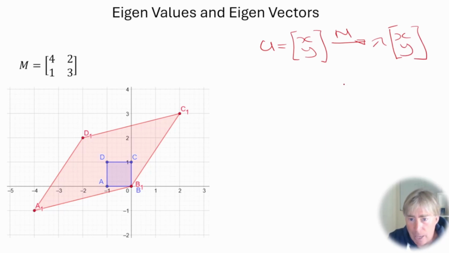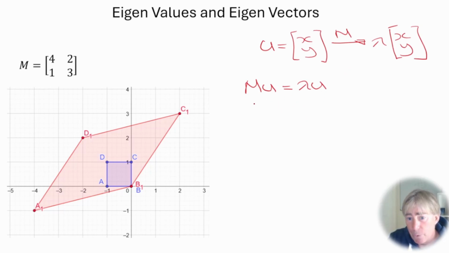So if that is the case, then xy is the eigenvector and lambda is the eigenvalue. Based upon that, what we're saying algebraically is that matrix M transforms the point, which I'm going to define as the eigenvector, and basically creates a scaled up version of itself. So Mu equals lambda u.